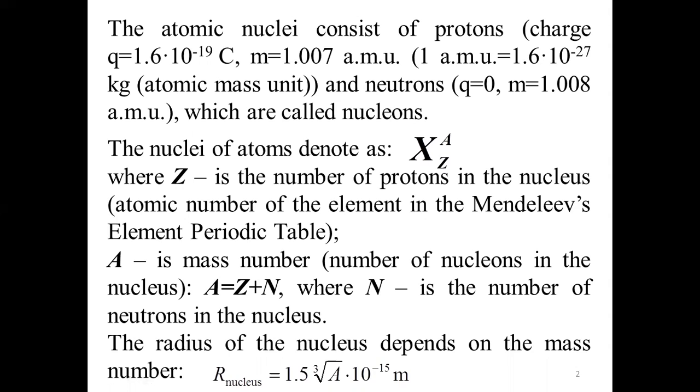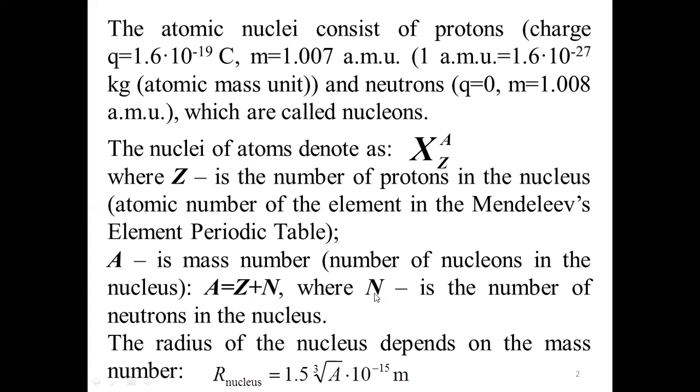Here we have mass number, A, the number of nucleons in the nucleus, both protons and neutrons. And here we have the number of protons in the nucleus, or atomic number Z of the element in the Mendeleev table, which is part of mass number A.